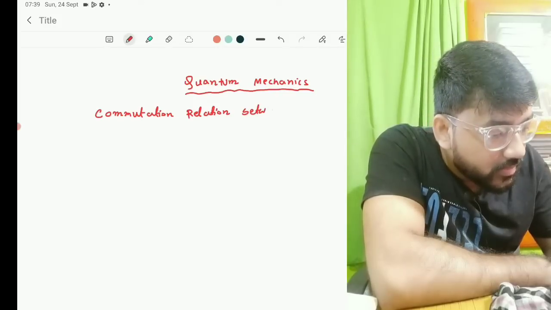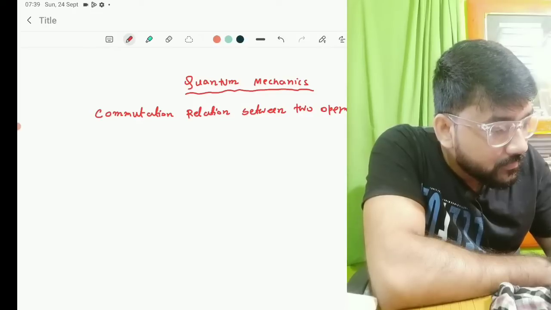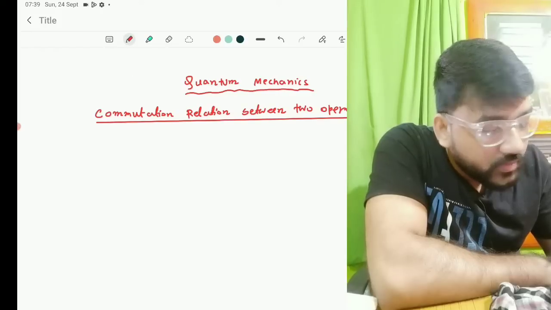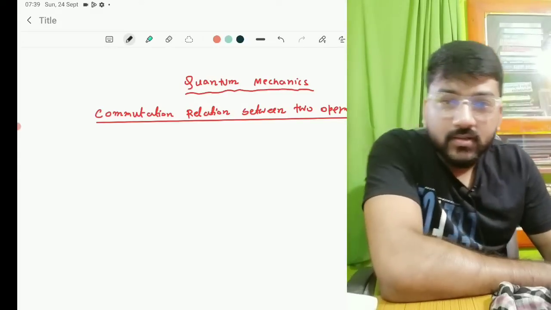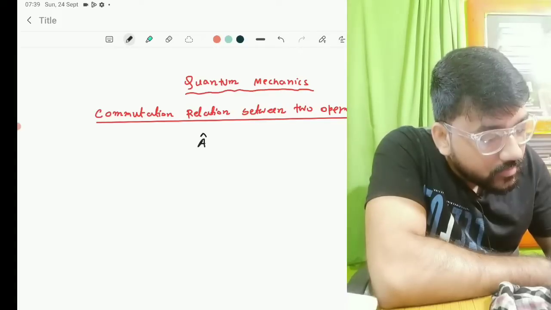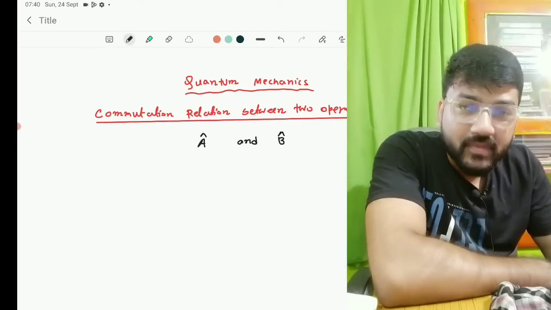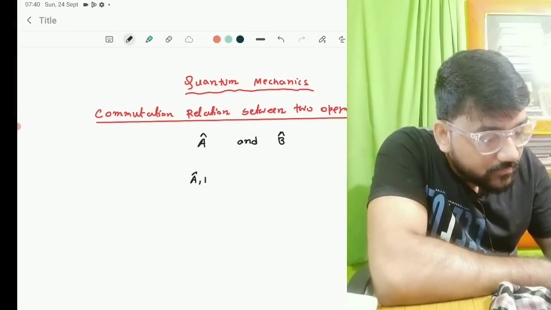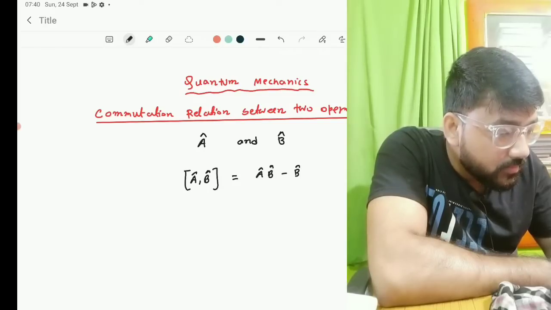Between two operators. Okay. So let us consider two operators, a cap and b cap. Now the commutation relation is defined something like this: [a cap, b cap] with square brackets is equal to a cap b cap minus b cap a cap.